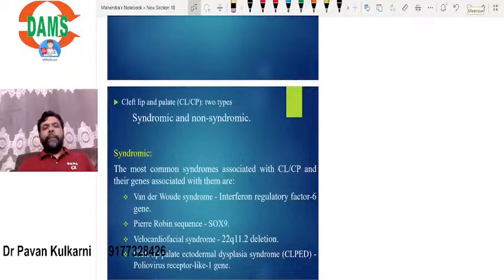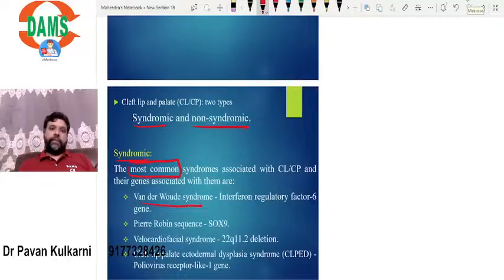We know that cleft lip, cleft palate is associated with certain syndromes and non-syndromic cases. Which is the most common syndrome associated with cleft lip, cleft palate? This is a very important single-liner MCQ. It is Van der Woude syndrome.